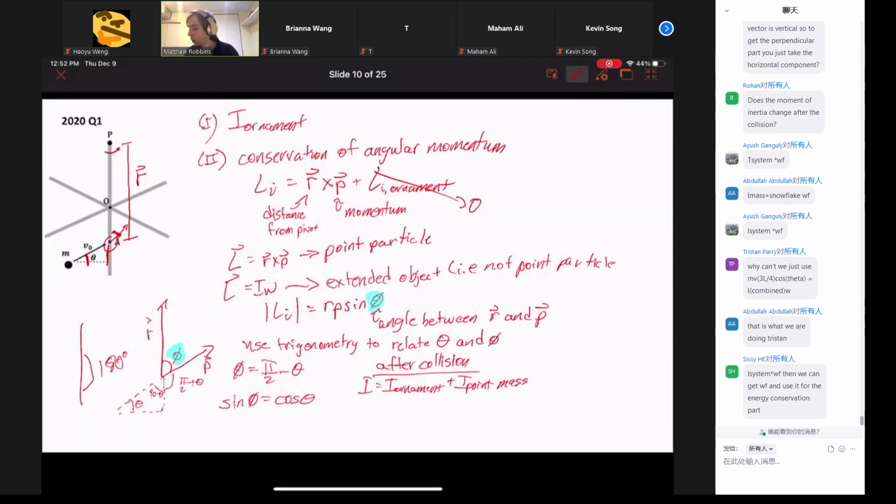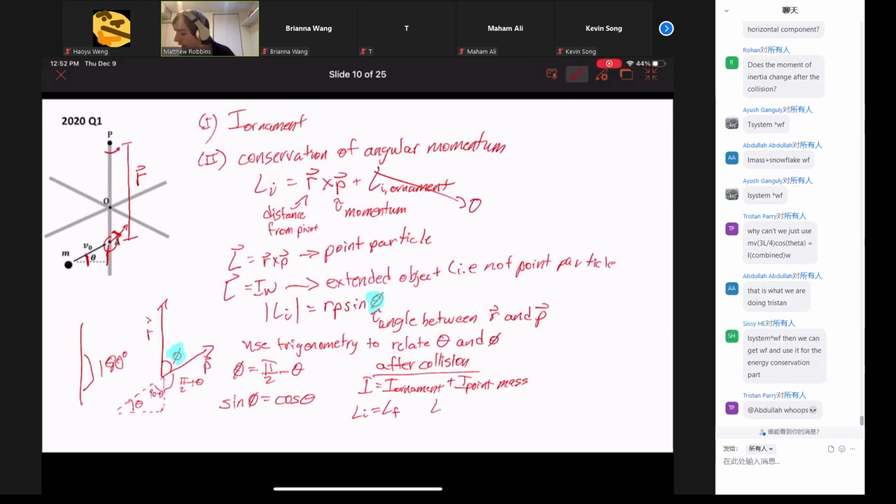And then we know that the initial angular momentum equals the final angular momentum. We know an expression for our initial angular momentum. Our final angular momentum is equal to our total moment of inertia times omega, and we're able to solve for omega.